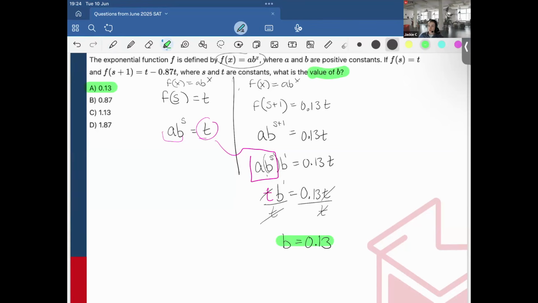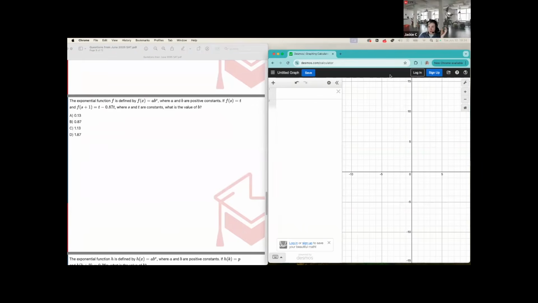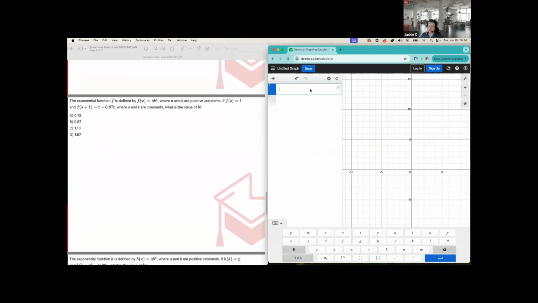Okay, so amazing. But I do have a lot of students who ask, how could I solve this on Desmos? Well, you've asked the right person because I know how. So let's see, desktop. Here again, just like we've been doing, I type in table and then put in my values.